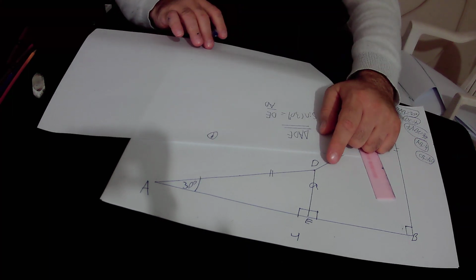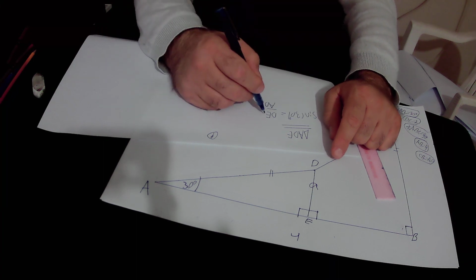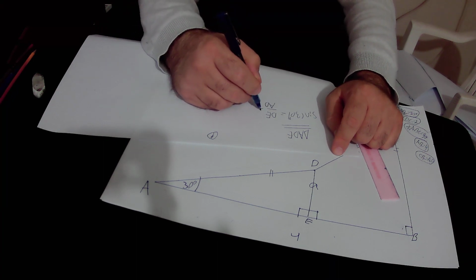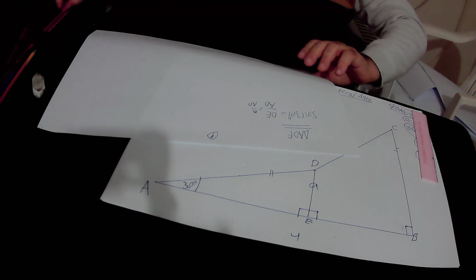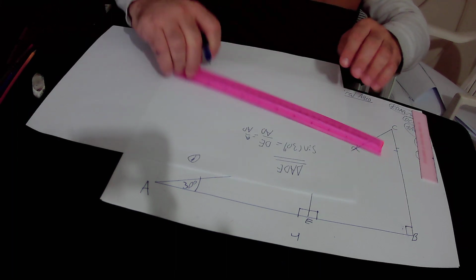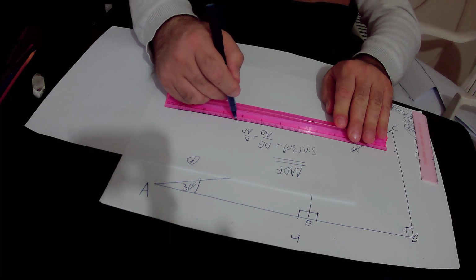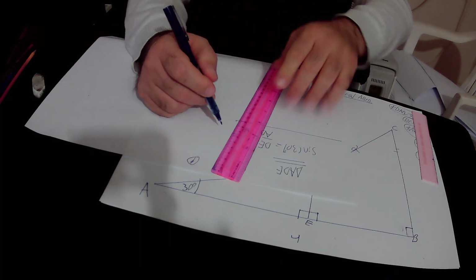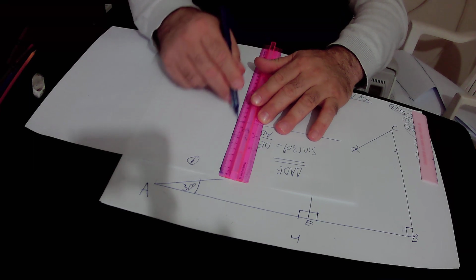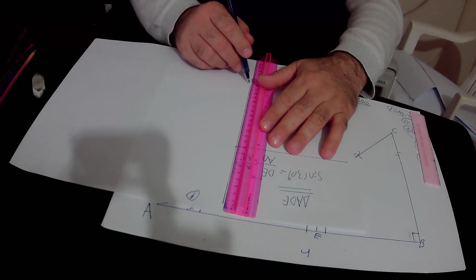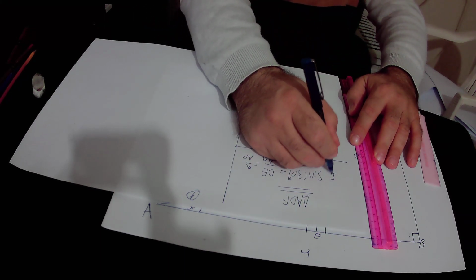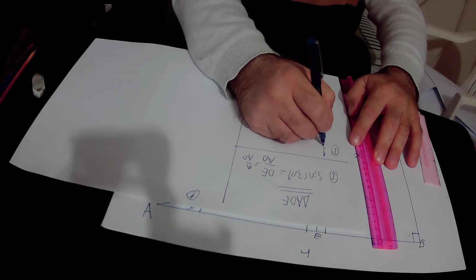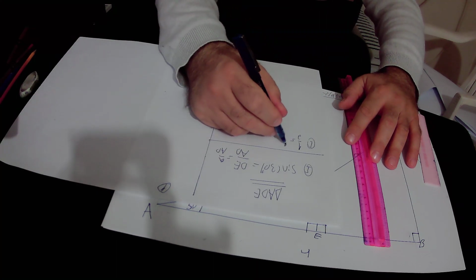But DE equals A according to our definition, so we will substitute DE by A over AD, and sine 30 degrees equals 1 over 2, so we will substitute sine 30 degrees by 1 over 2, and we will get that 1 over 2 equals A over AD.